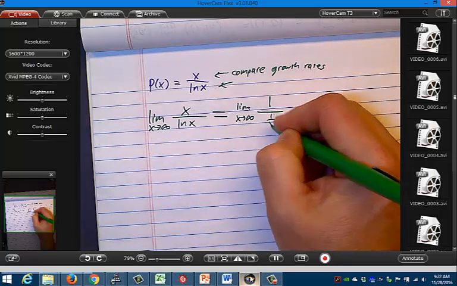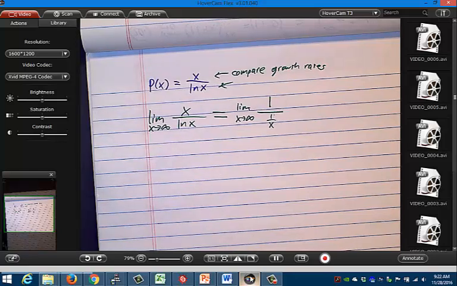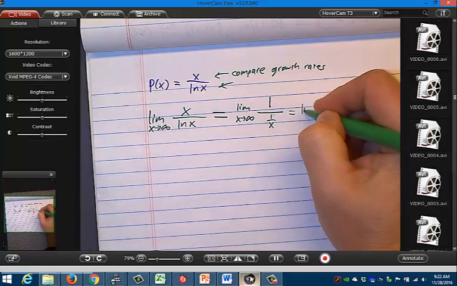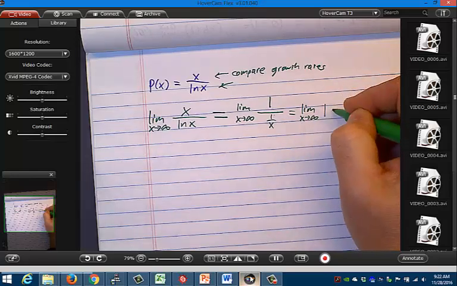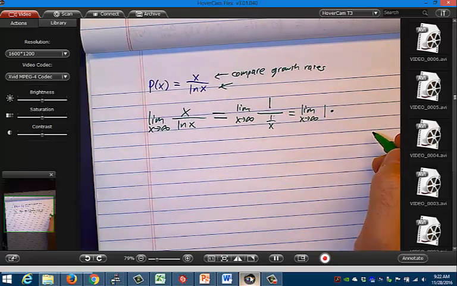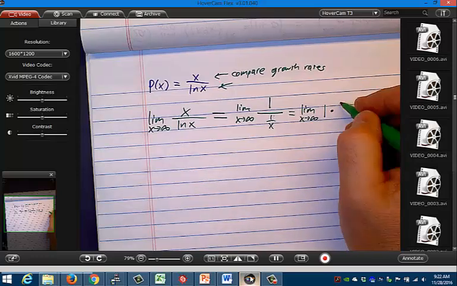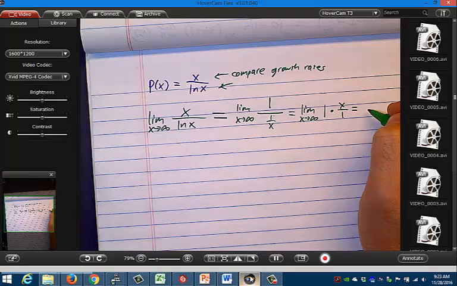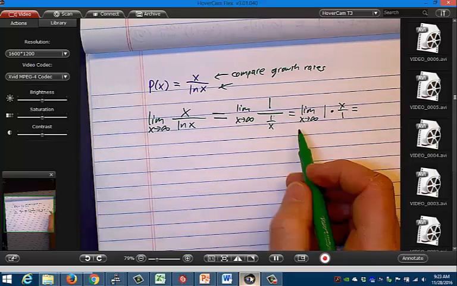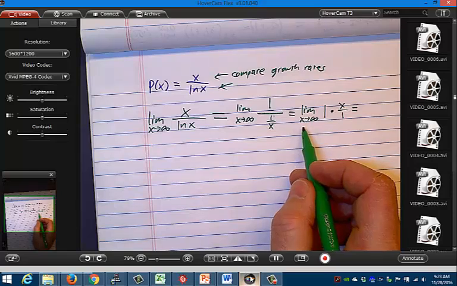So this equals the limit as x approaches infinity of 1 times what? x over 1. And what is that? Yeah. So when x goes to infinity, this equals infinity.